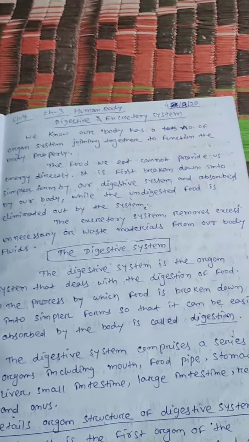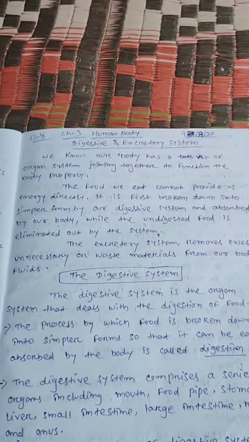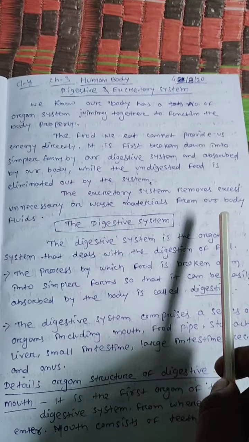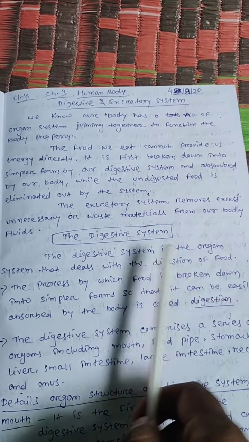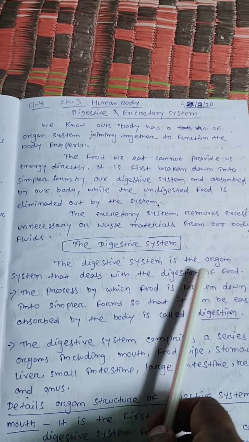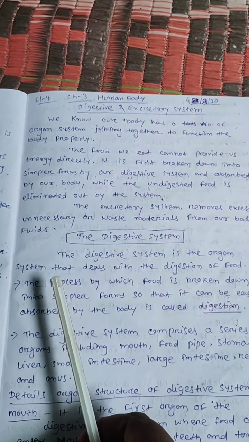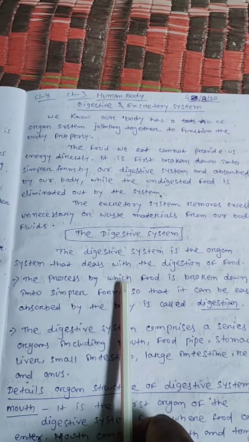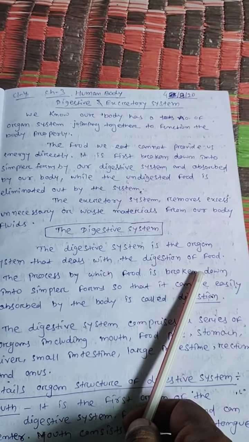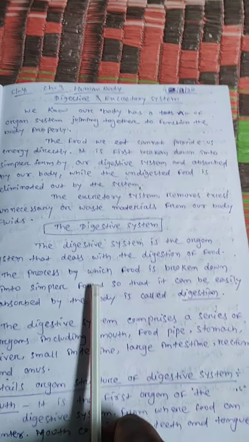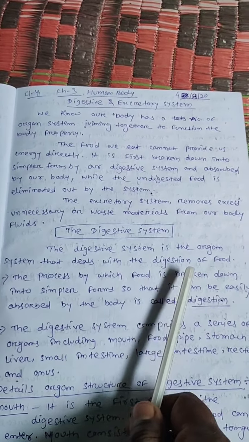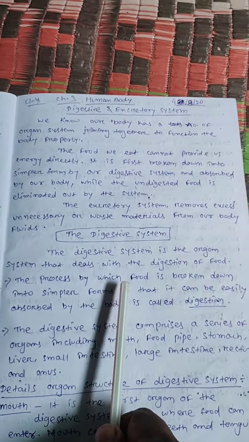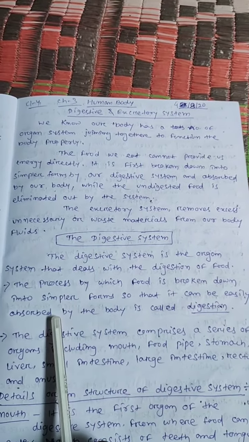So what is the digestive system? The digestive system is the organ system that deals with the digestion of food, the process by which food is broken down into simpler forms so that it can be easily absorbed by the body.